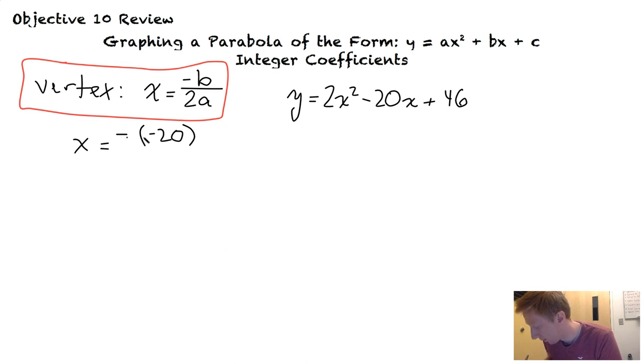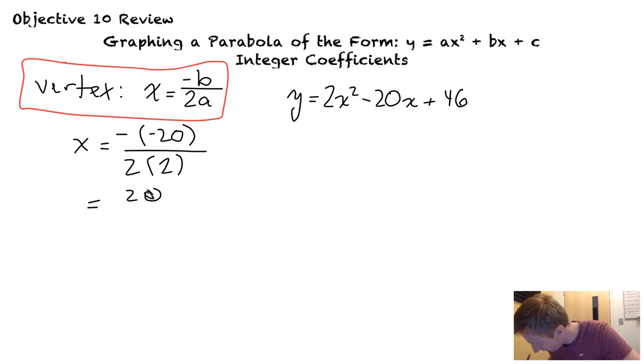So you do write the negative twice, which we will see later will cancel to be positive. And then that's divided by 2 times the a value, which is 2. This now simplifies to positive 20 divided by 4, and 20 divided by 4 is 5. So we know that the vertex is at the x value of 5.